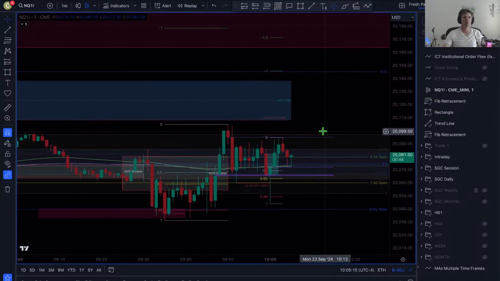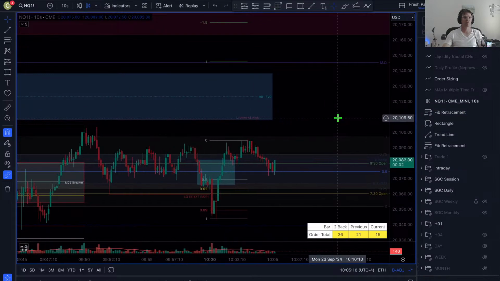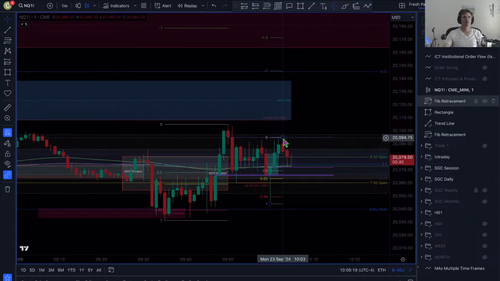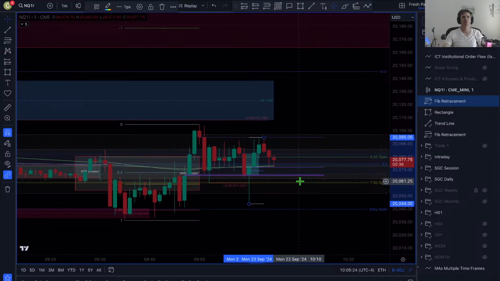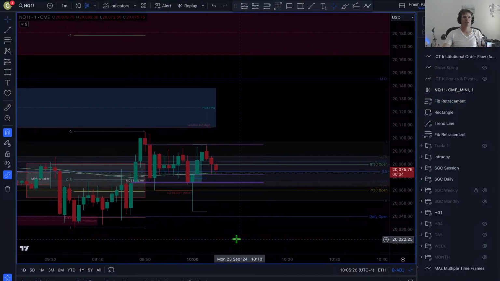Yeah, it's tapping the MAs right now. I don't like this as structure just because you didn't really close strongly up. You know what I mean?